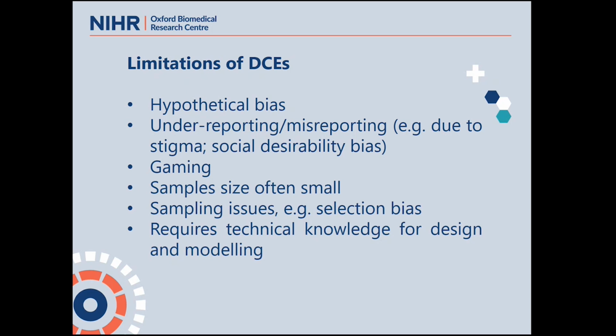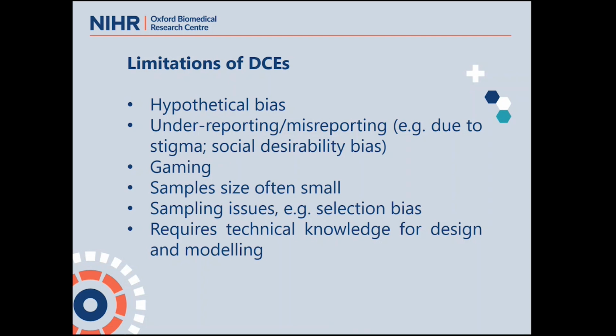Underreporting or misreporting. People might answer a certain way in an experiment for, I don't know, reasons of social stigma. They might tell me they don't smoke, or smoke less than they do, if they do. You might have gaming. For example, if I'm asking someone about their preferences for flood defences, they might tell me that they care more about them than they actually do because they want me to put up a flood defence.